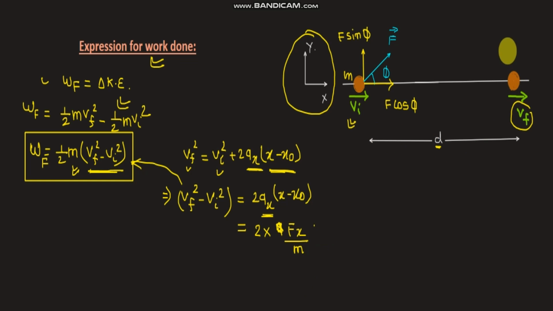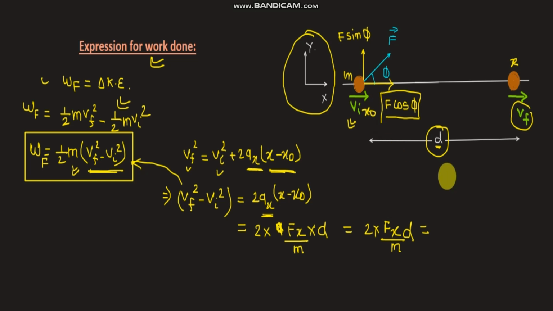Here x is the final position, and x naught is the initial position, and x minus x naught has been given as d. So we can directly put the value: 2 into F_x divided by m, into d. Now, what is the force in x direction? It is definitely F cos phi.